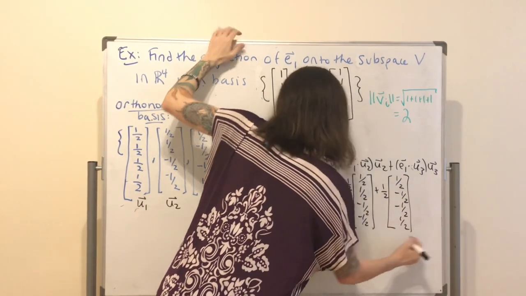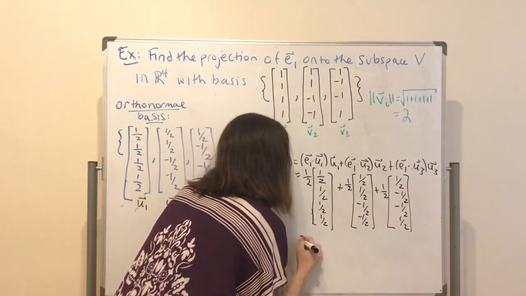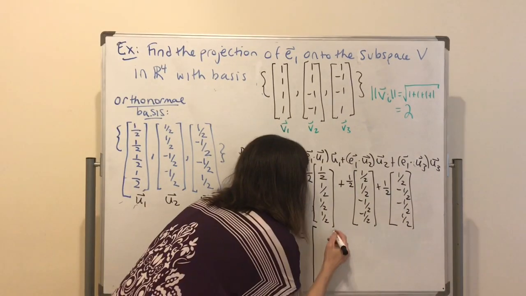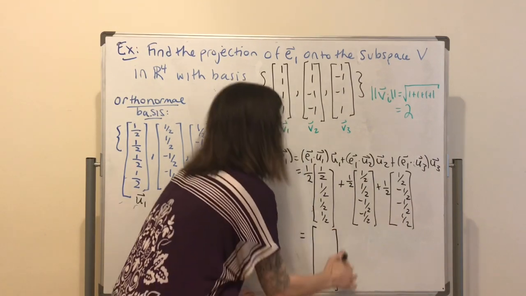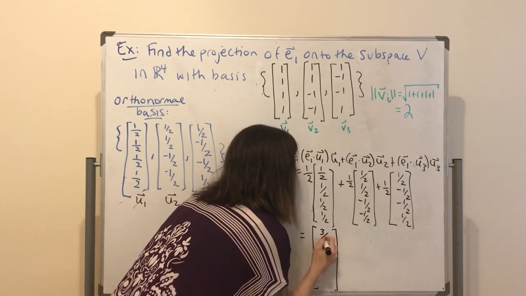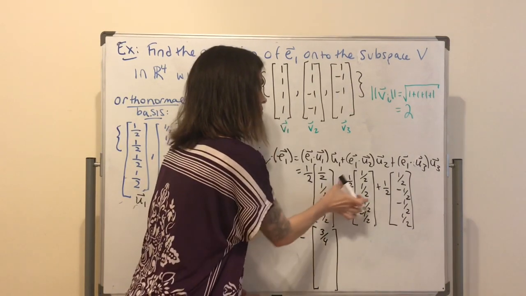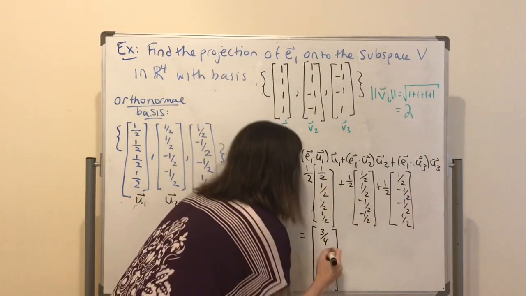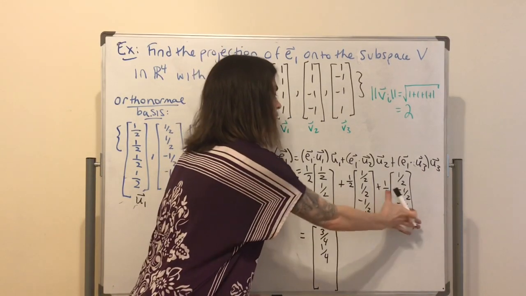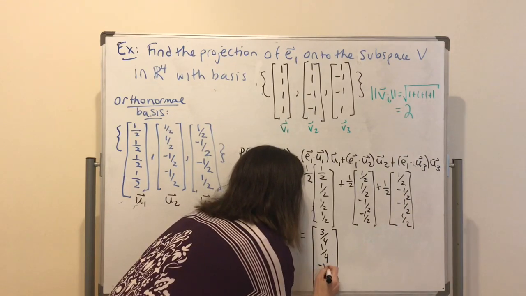Okay, now what happens when I add all of these together? This would be my final answer here. 1, 2, 3/4. Then I have a fourth, 2/4 minus a fourth is 1/4. 1/4 minus a fourth, and minus a fourth is minus a fourth.